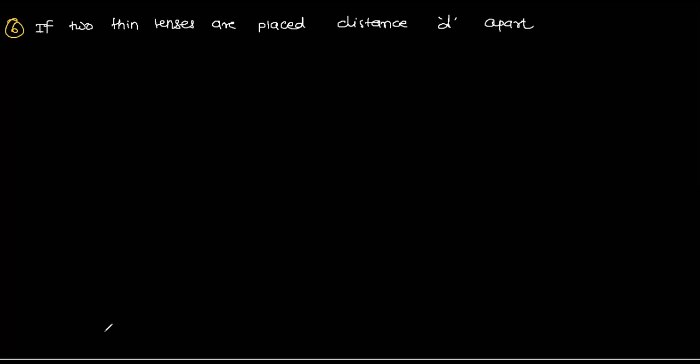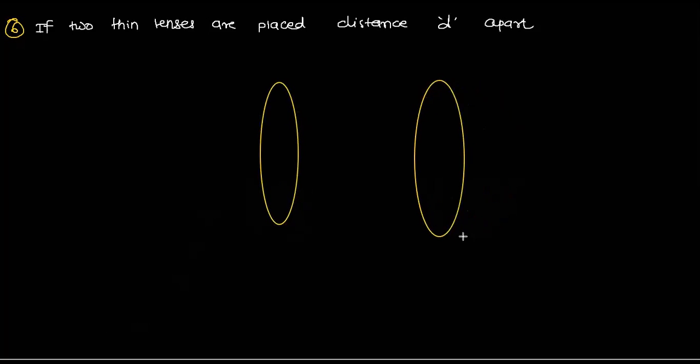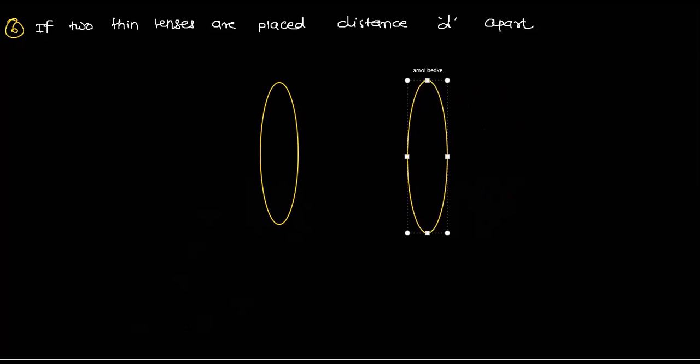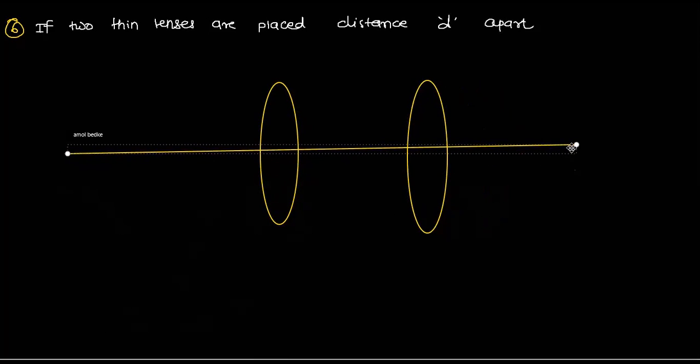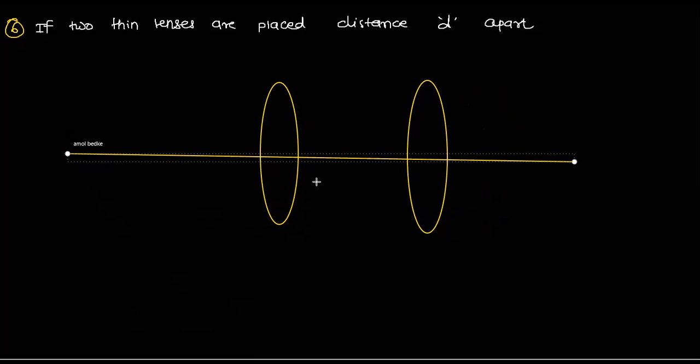Then what is the condition? So how do you get this diagram? This is one lens. Here is another lens. This is the principal axis. And now this distance is d.